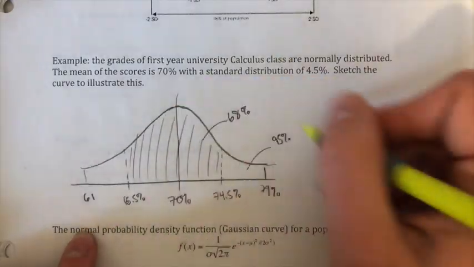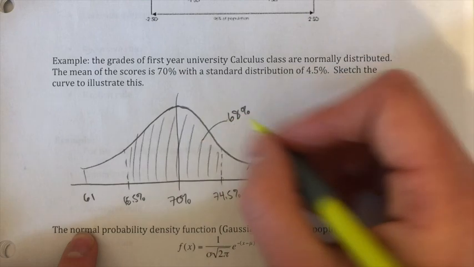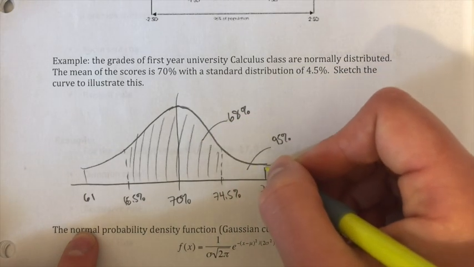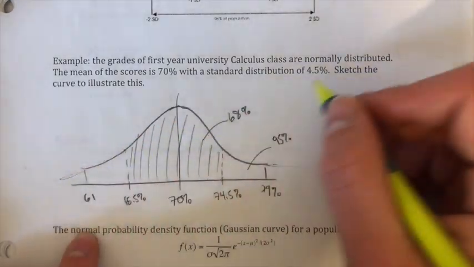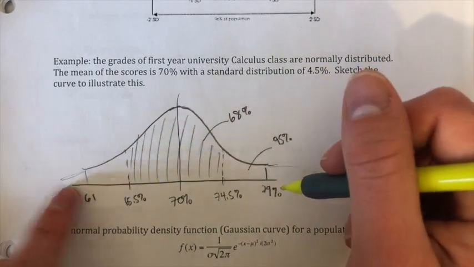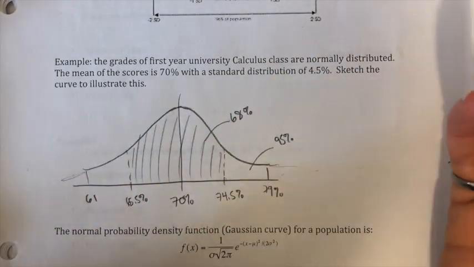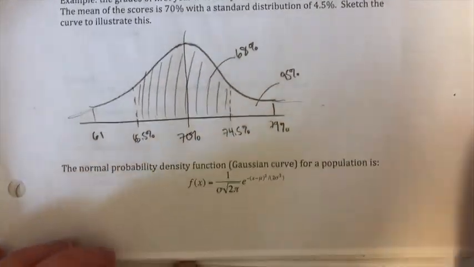Okay, so that's how a normal curve would look. That means only 5% of people got above a 79 or below a 61. So no one got really awful marks, no one got really great marks. Everyone was in the middle, or 95% of the population was.